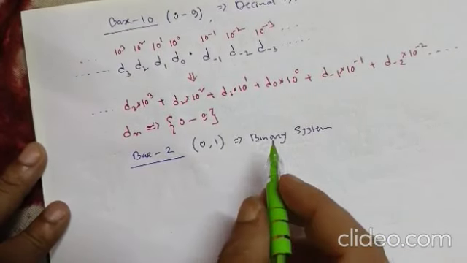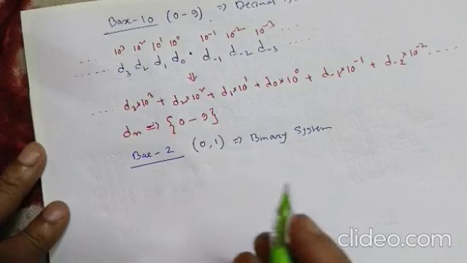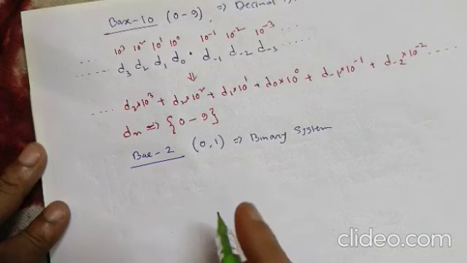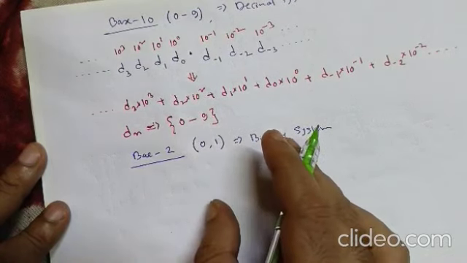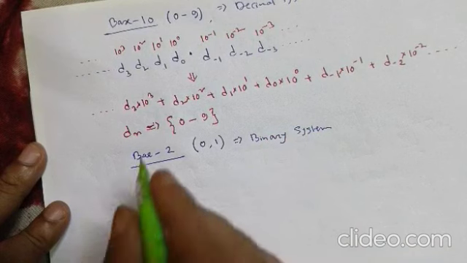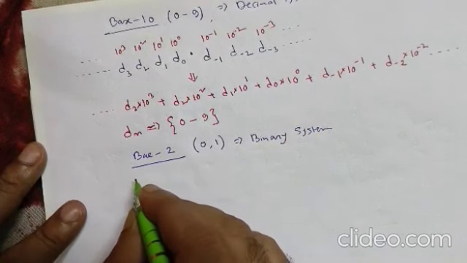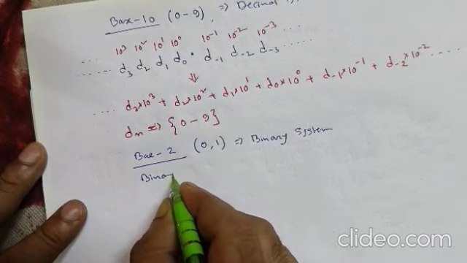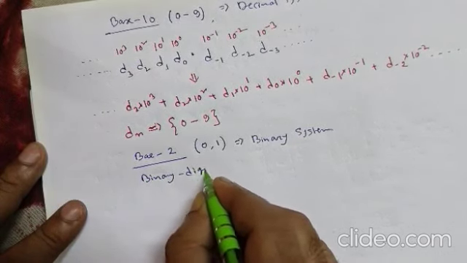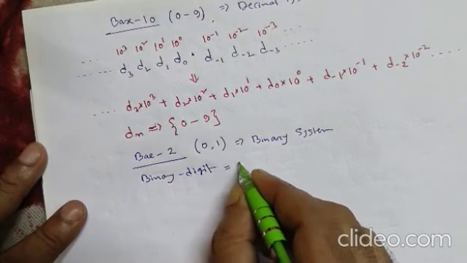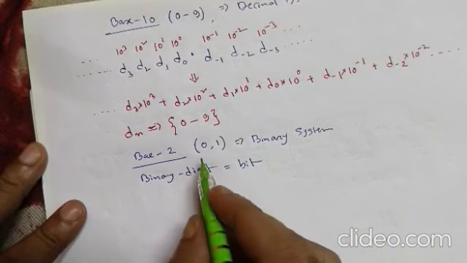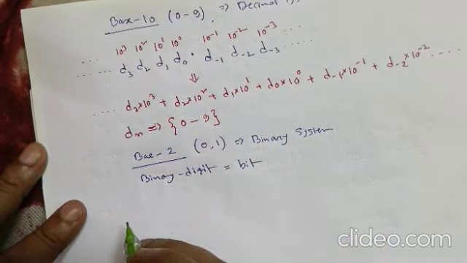So we have to represent everything in binary form to make the machine understand. Here a binary digit is called a bit, and this bit can be either 0 or 1.